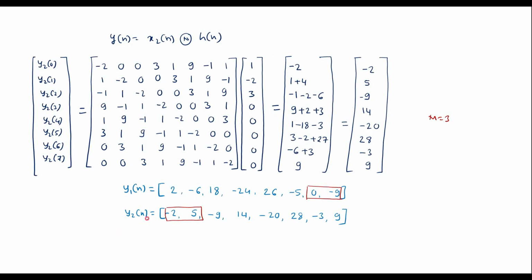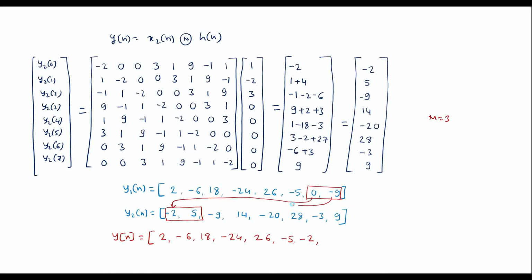That is, now I will write the final output sequence y of n. We are supposed to write the remaining content of y1 of n as it is, that is 2, minus 6, 18, minus 24, 26, minus 5. Now this 0 should be added with minus 2, so it results minus 2.